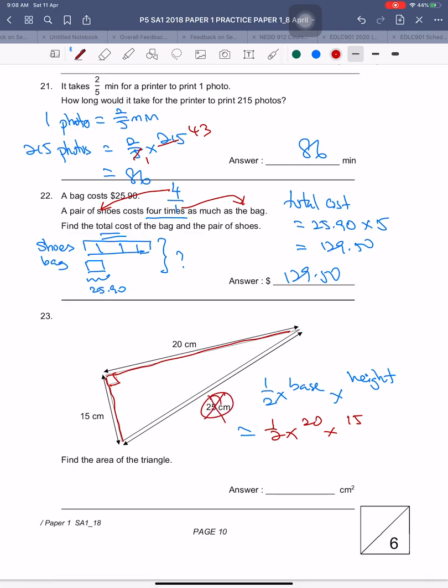Meaning this 25 there is just to distract you, because this 25 does not form a right angle with any one of the other 2. So divide by 2, divide by 2. So 10 times 15, 150. This question, most of you have no problem. So it shows that you actually know how to identify the base and the height. Well done.